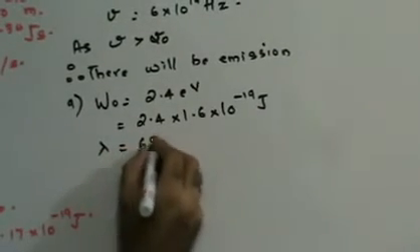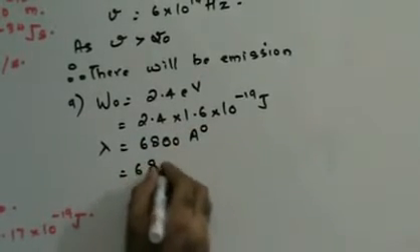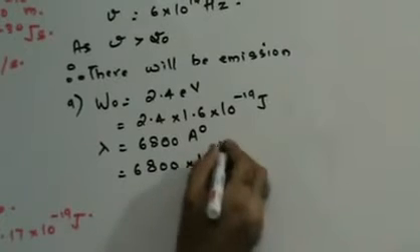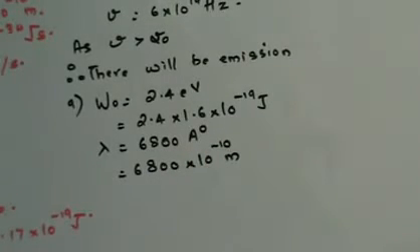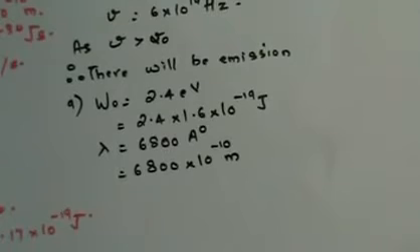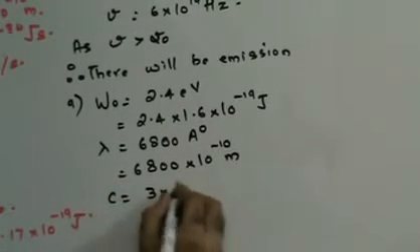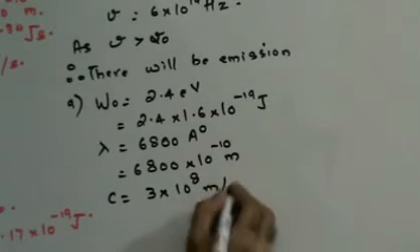Wavelength of 6,800 Armstrong units is incident on the surface. Find the incident and threshold frequency.